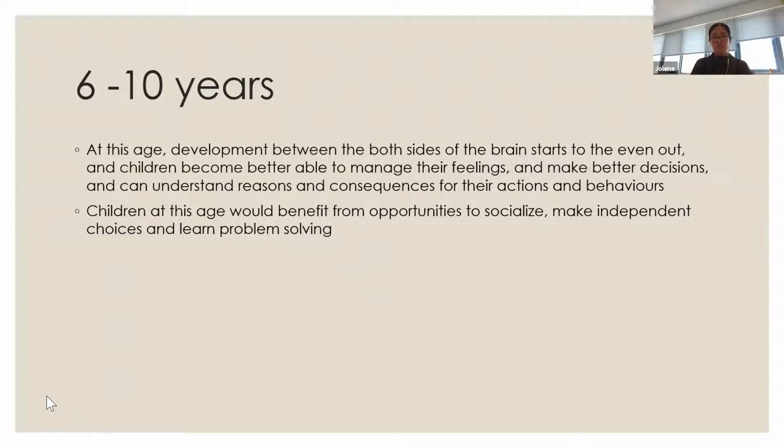Throughout all the ages, regardless of whether they're in the emotional stage of their thinking or the rational stage, it's always important to talk to them about things that they do not do right.